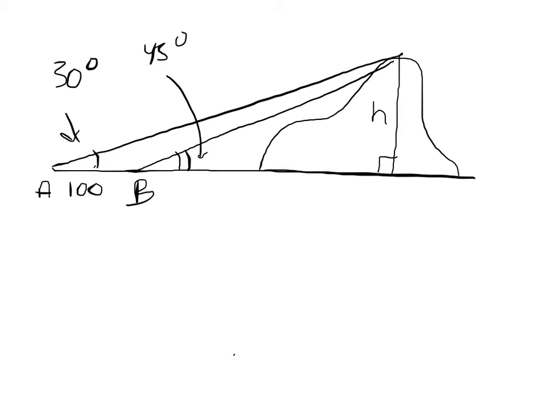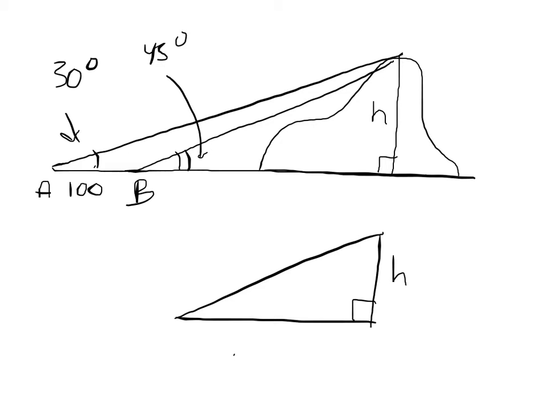First right triangle is going to be here. And it's going to have dimensions of, well, I don't know how far it is from B to the base here. I don't know what that length is, so I'm just going to call that X. So then I've got H and 100 plus X, and I've got my 30 degrees here.